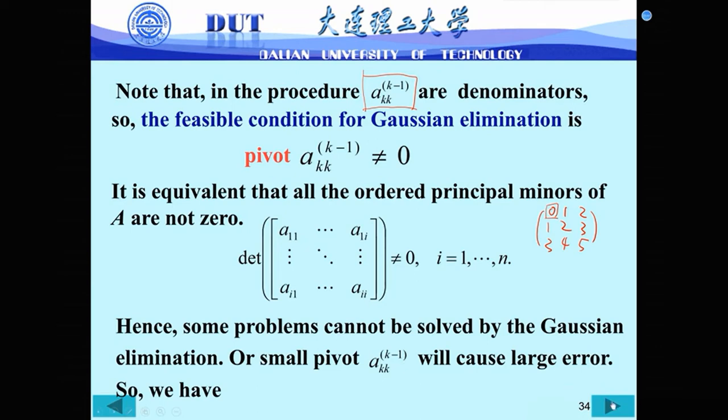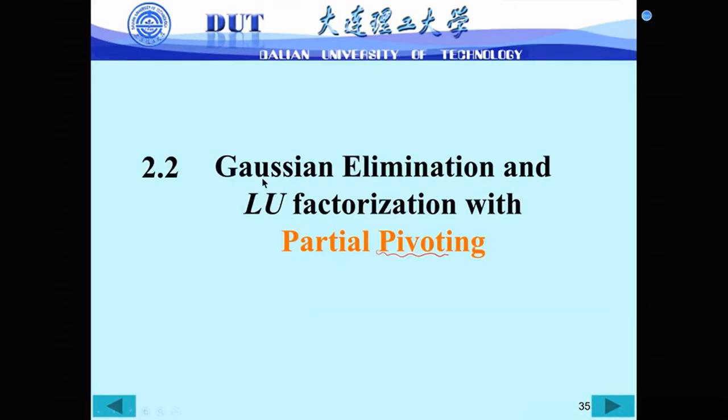That is why in this subsection we want to improve Gaussian elimination and LU factorization by partial pivoting. Firstly, you need to understand why we need to improve Gaussian elimination: maybe there is a zero pivot, or even a small pivot will cause big errors.